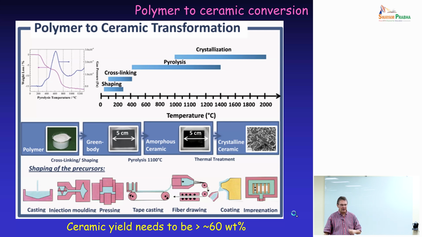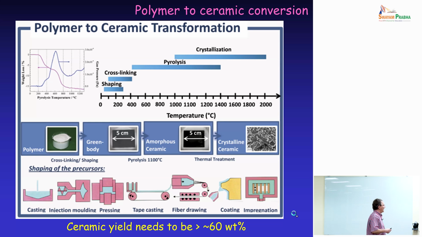You are decomposing, not eliminating, the organic moieties, and carbon stays there, at least in part, while you're releasing molecules such as methane, benzene, and other species. And then if you increase the temperature further, then you might have crystallization of your material.